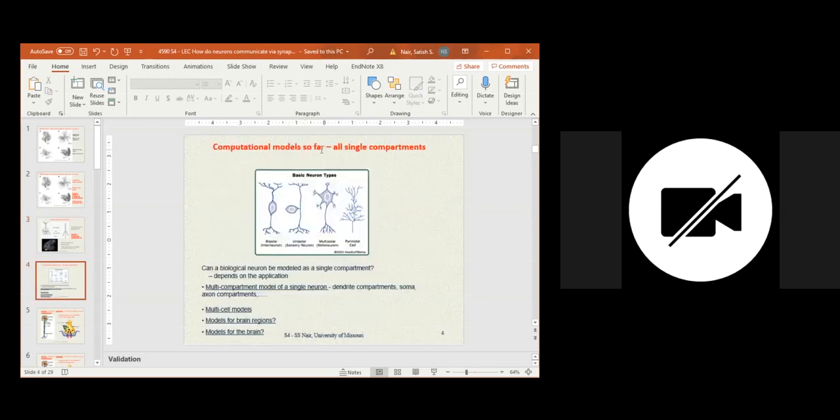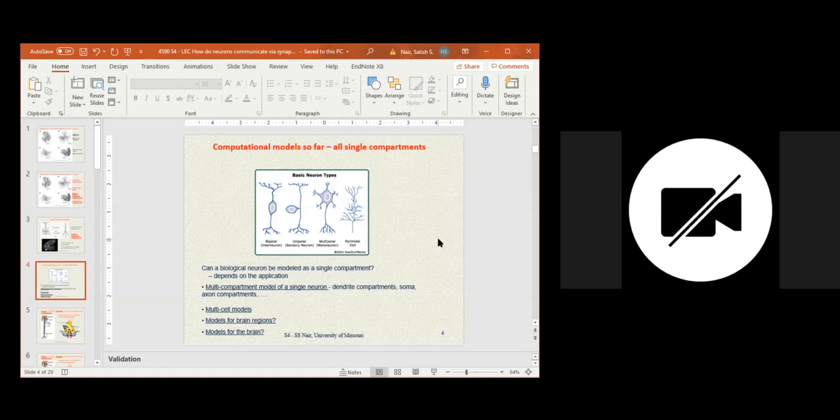Again, computational models so far have been single compartments or two compartments, which you saw in S3. You recall. So the basic neuron types from biology are bipolar neuron, unipolar neuron, multipolar neuron, something like pyramidal cells, different types.